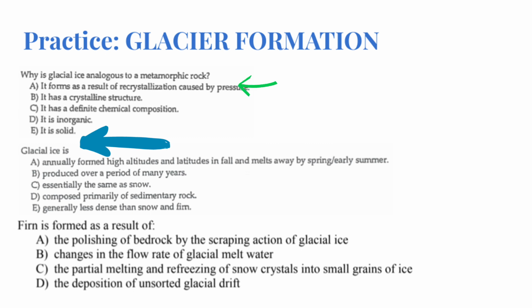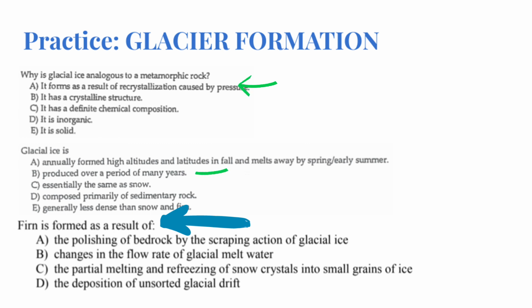This seems to be the right answer because this is generally true. C is not correct. D, no. E, no, because glacial ice is definitely more dense than snow and firn, because we know, again, as snow changes from snow to firn to glacial ice, it becomes more dense. So the answer is going to be B.